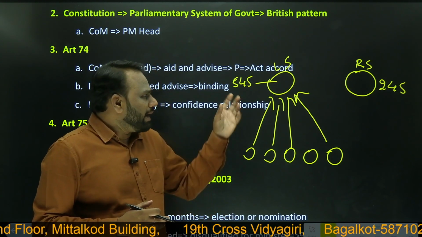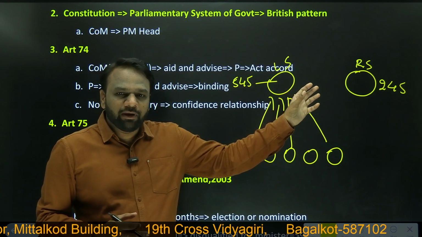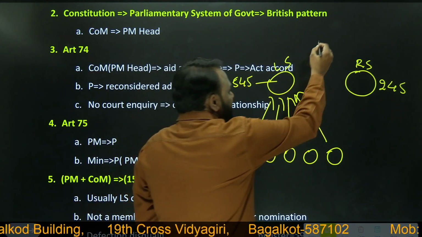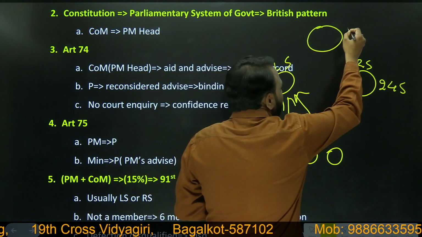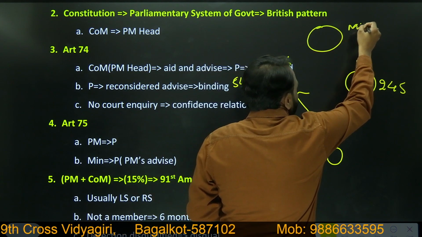That is why among these 790 people, only a few people, hardly around 60 to 70 people, will become ministers.